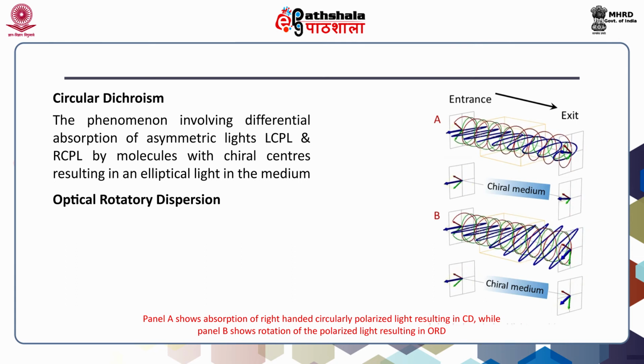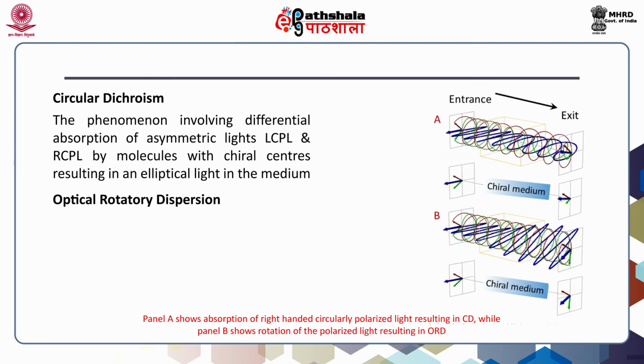When this light enters an optically active medium, present in the box between the two windows, and passes through it, there is a slow rotation of the vector shown in blue color, which is the addition of left circularly polarized light and right circularly polarized light.